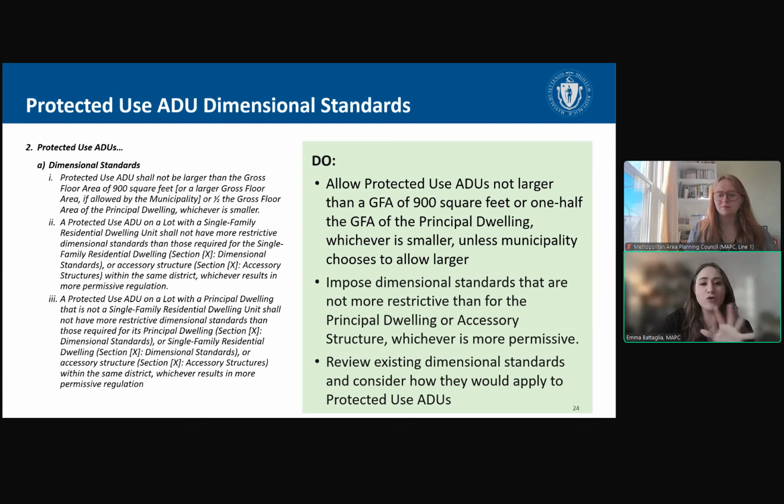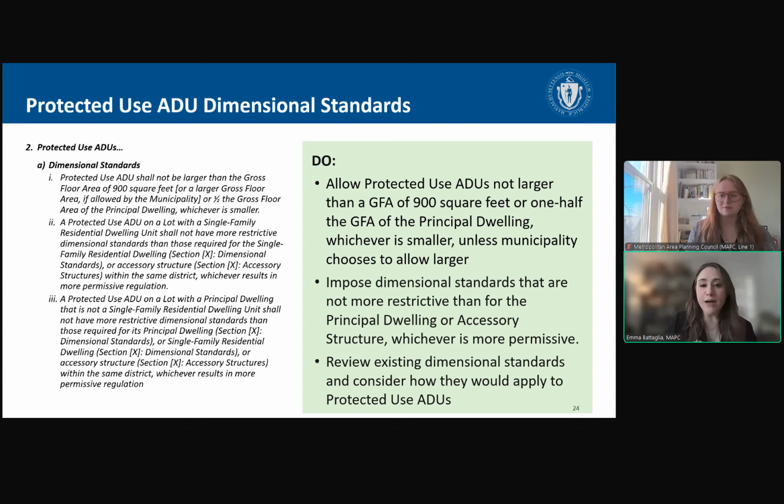So you should allow protected use ADUs that are not larger than a gross floor area of 900 square feet or 1/2 the gross floor area of the principal dwelling, whichever is smaller, unless your municipality chooses to allow larger. But again, you would still have all the other factors in place that apply to a protected use ADU. But that can be one item that, because it's more permissive, would be allowed.